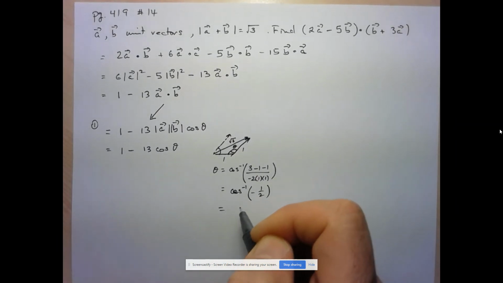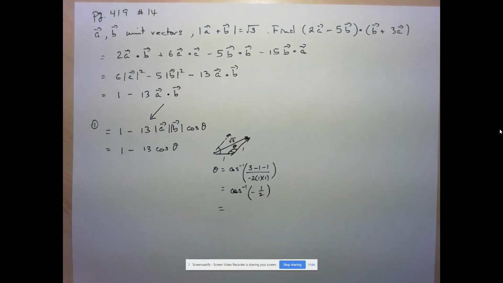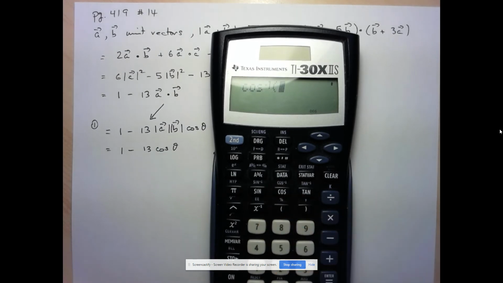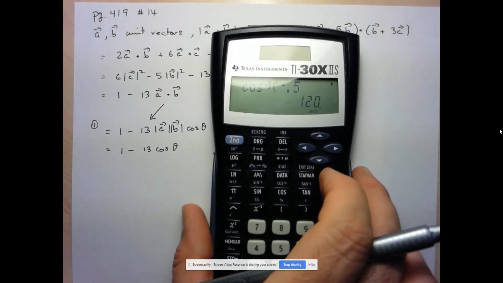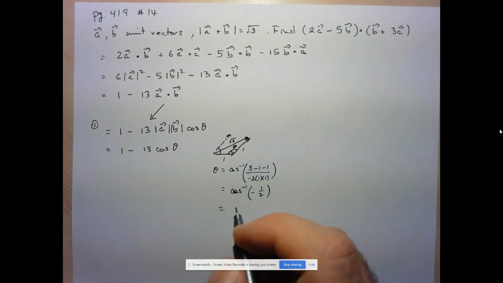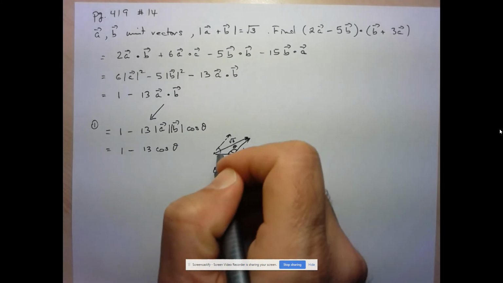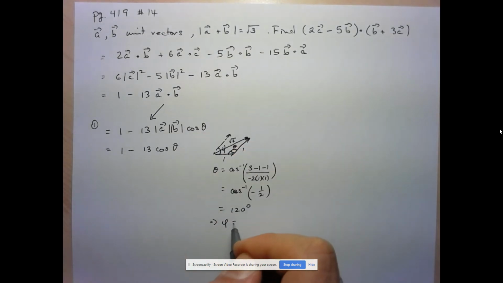Okay, now this is one we've seen very often, so it'd be good if you just kind of knew that, but just in case, cos inverse of negative 0.5 is equal to 120. Okay, so the angle between them, say we call this phi, is just 180 minus 120 is 60 degrees.